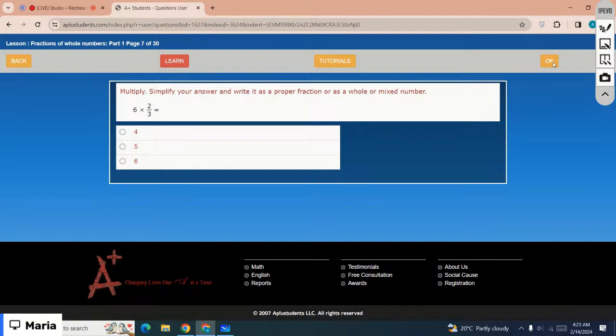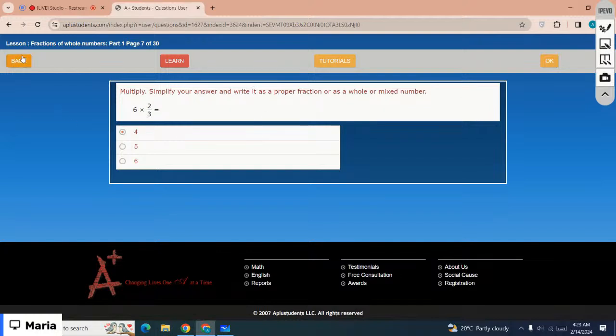But you guys are not in grade 1 or 2, you guys are in grade 6. 6 times 2 over 3, which is the correct option? But I think most of you do not solve the questions. You guys are just guessing the answers. That is 6 times 2 is 12 and 12 divided by 3 is 4. So the correct option is 4.